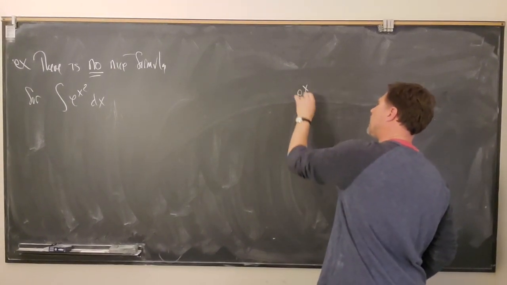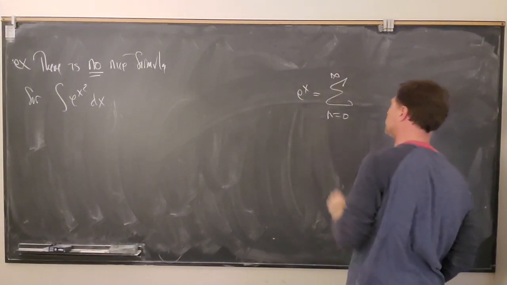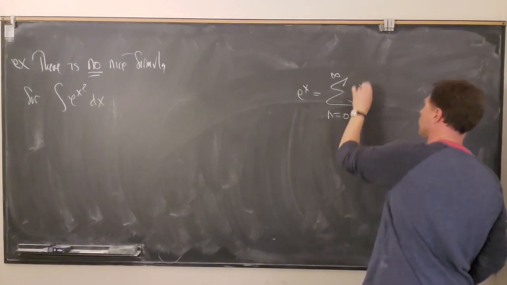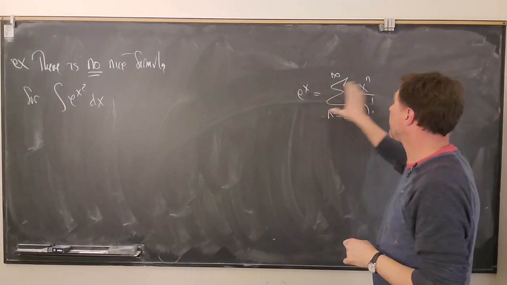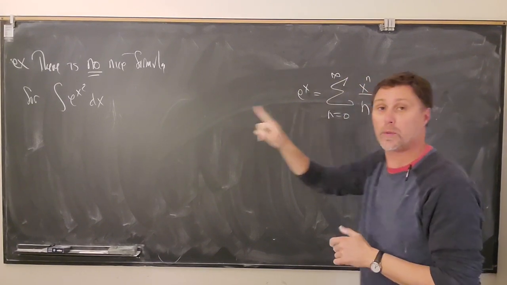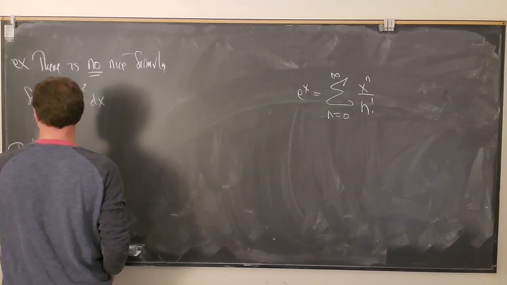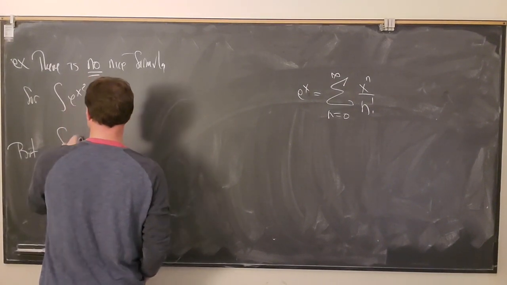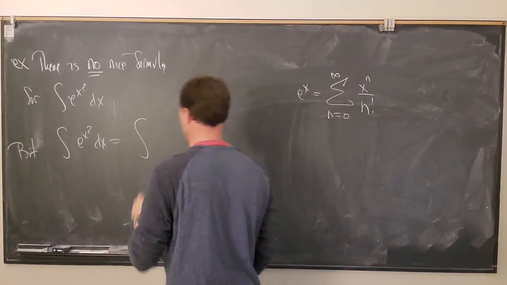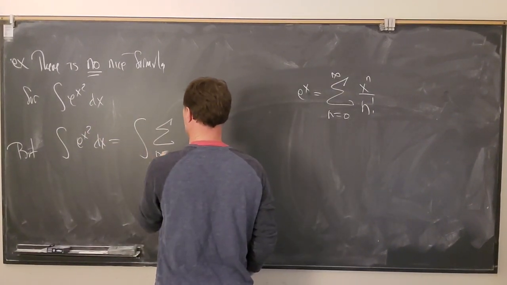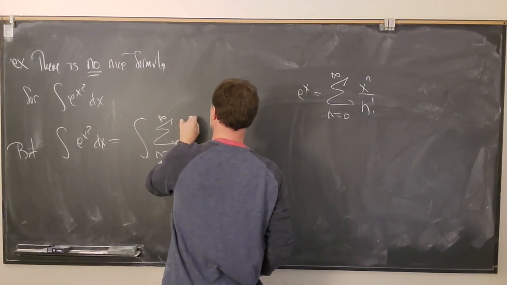So the next best thing is to recognize, oh, wait a minute though. We know that e to the x has a Maclaurin series. And so if we substitute x squared, we get a Maclaurin series for e to the x squared, and we can compute the antiderivative of that. So here's what we get. The antiderivative of e to the x squared is equal to, if you substitute an x squared in here, what you'll get is x to the 2n.